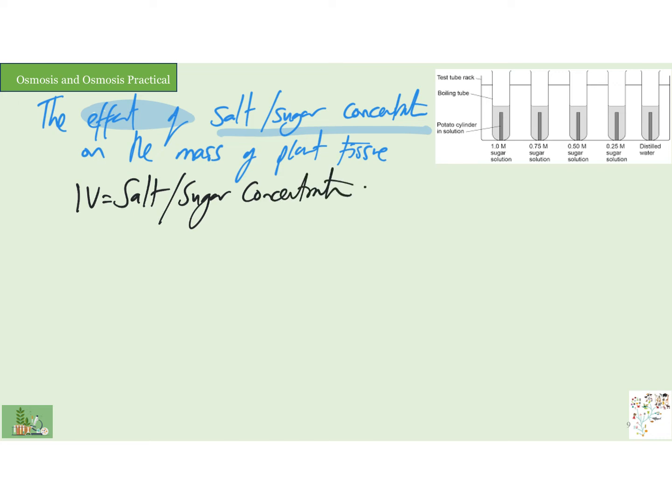The next clue then is the term that comes after the word on, which in this experiment is the mass of plant tissue, and that is always going to be my dependent variable. So the dependent variable, which is the one that I'm going to measure, is the mass of plant tissue.